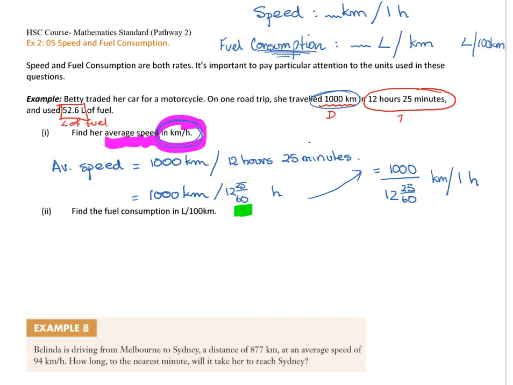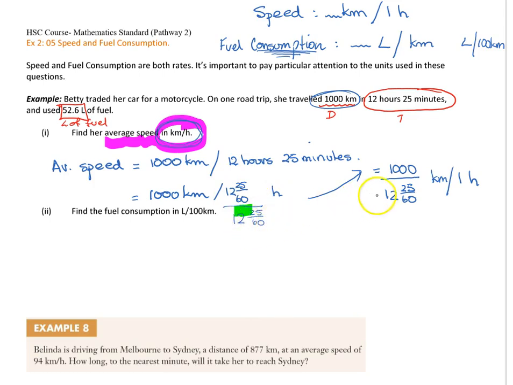So, and then looking at that, that means we've got to divide by 12 and 25 on 60. To get down to 1 hour, I always divide by whatever's sitting there, 12 and 25 on 60.